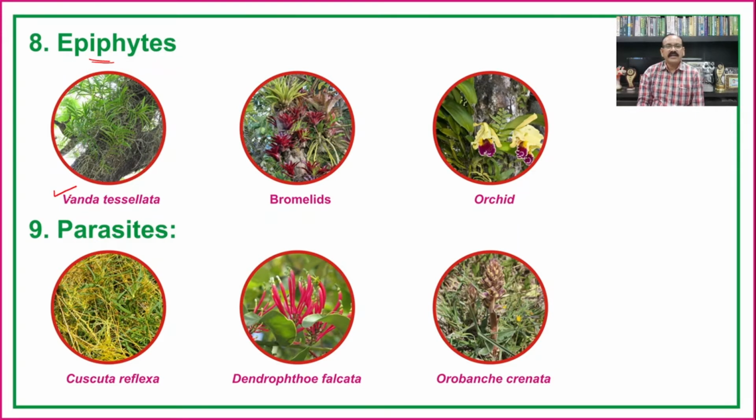These include Vanda tessellata, which is the most common example, then some of the bromeliads, and most of the orchids, which grow on another plant for support.